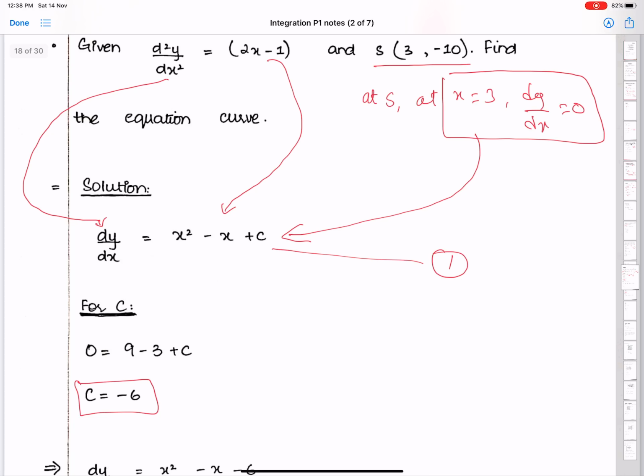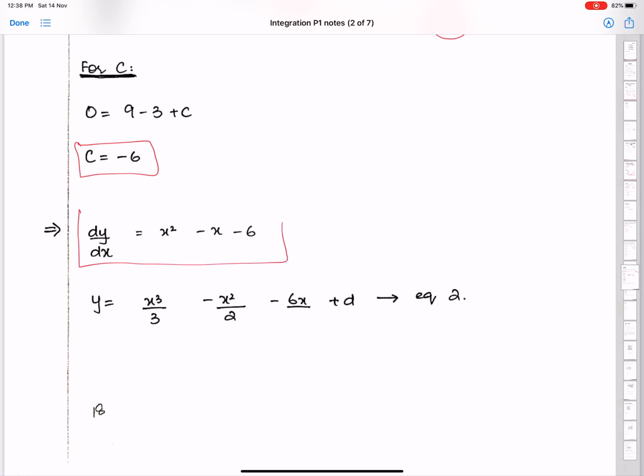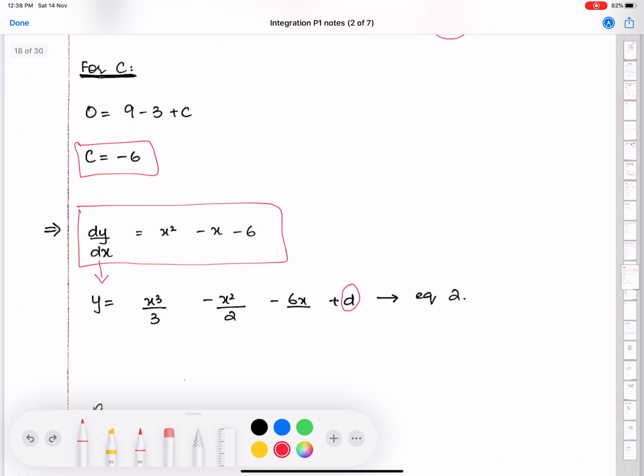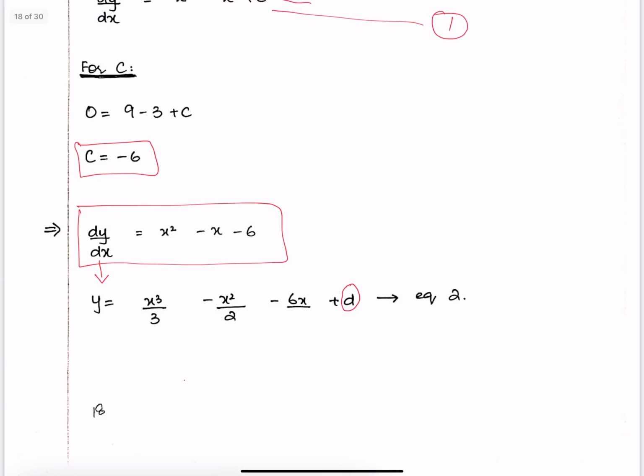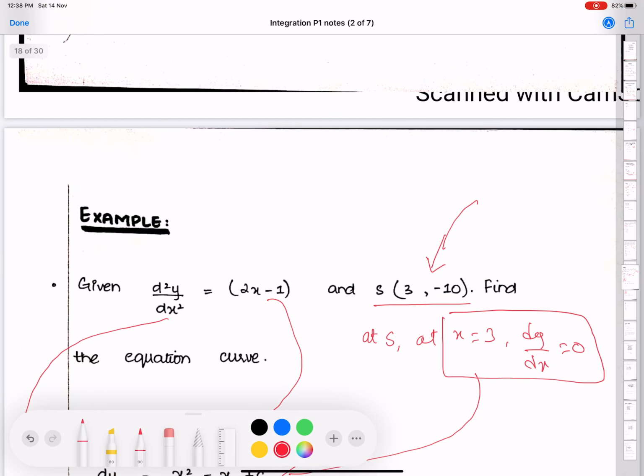Now substitute c into equation 1. By substituting c into 1, we'll get this thing. Now when we integrate this, we will get y, and when we integrate the right side, we'll get this thing. Now for this constant, we need to use this point, 3, minus 10.